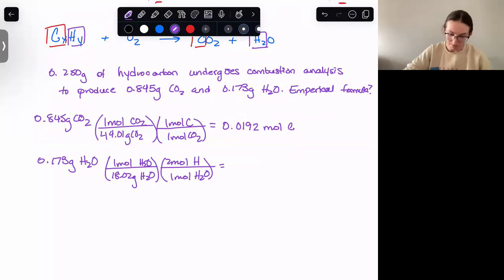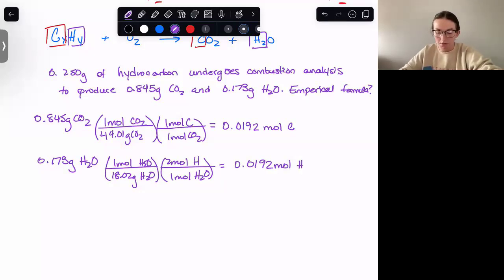So now when we solve this, we get our values of hydrogen in our compound. All right, so in this case, we have 0.0192 moles of both carbon and hydrogen.